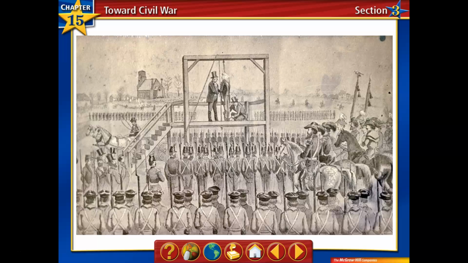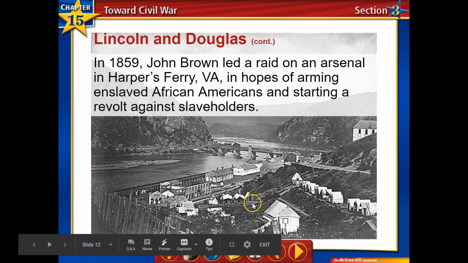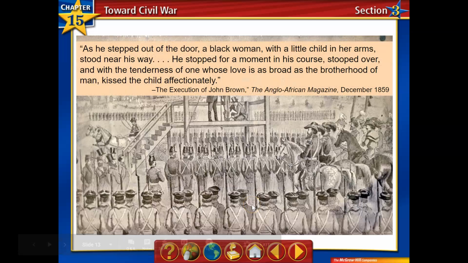This raid fails. He tries several attempts, they come in through the bridge and they're trying to make their way, but ultimately it's a failure. And what we're going to see is that John Brown's going to be sentenced to death.